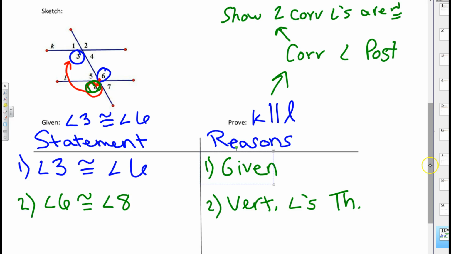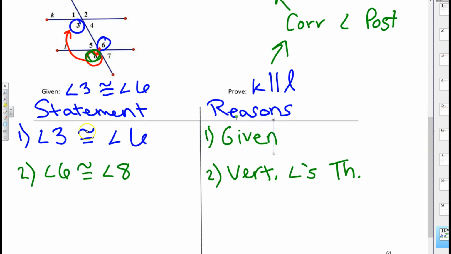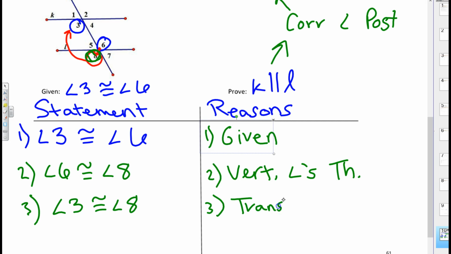And then we've now proven 3 is congruent to 6 and 6 is congruent to 8. Well, that means by transitive property, I can say that angle 3 is congruent to angle 8 by my transitive property of congruence.